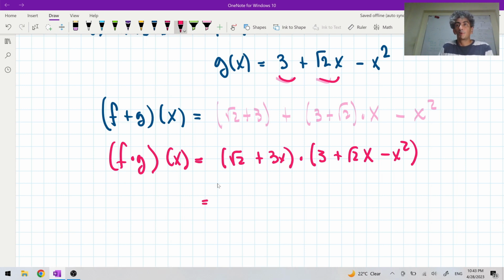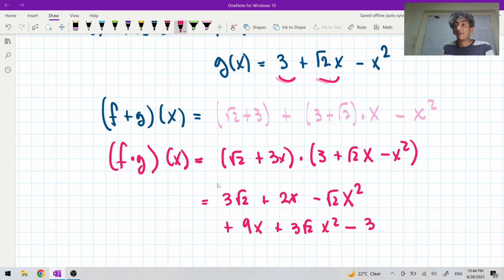So this is 3 times the square root of 2 plus 2 times x minus square root of 2 times x squared plus 9x plus 3 square root of 2 x squared minus 3x cubed.